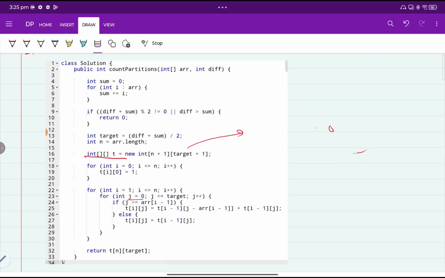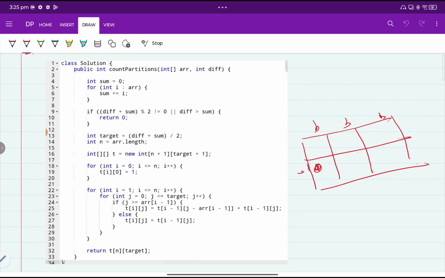After initialization, we start iterating from row number 1 and move across each column: for int i equal to 1, i less than or equal to n, i plus plus, and for int j equal to 0, j less than or equal to target, j plus plus. If the current value is less than or equal to j, then I have the permission to call the previous state and subtract the current value from the sum if I include it.